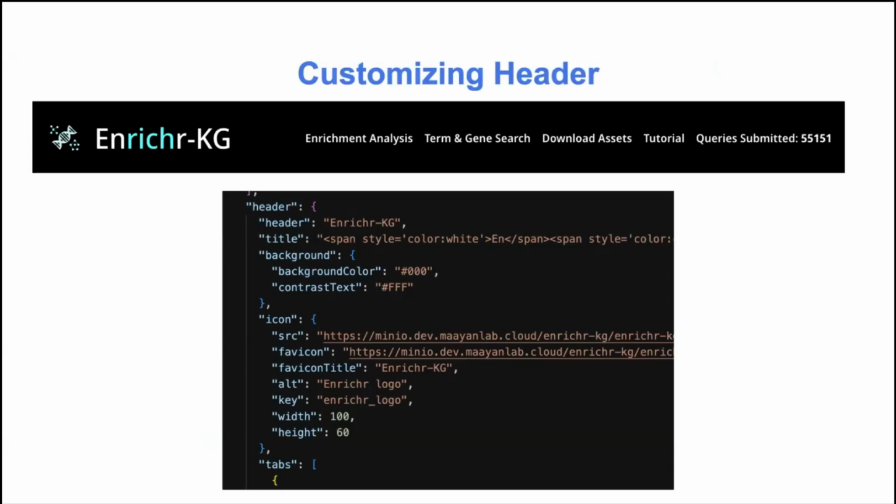The header here is where you define the title of the header, the name, and the background color, if you want it to be black, or whatever color that you want, customize it. Icons, you can select your icons, the FA icon for the tabs, and then the width and the height if you want to customize that.